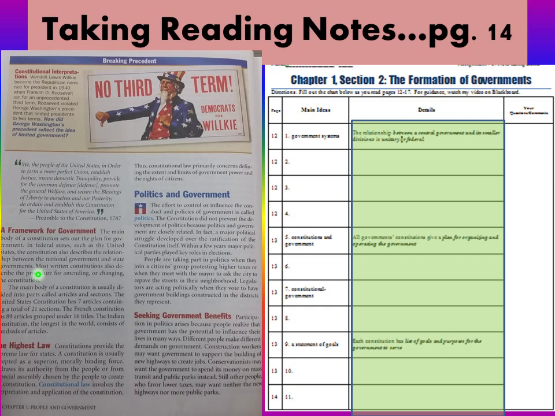Second, the procedure for amending the Constitution. So first, down here, national and state government relationship. Second, how to amend the Constitution. And then the third thing, the actual framework of the Constitution, is that our Constitution specifically has articles and sections. So 1, 2, 3.